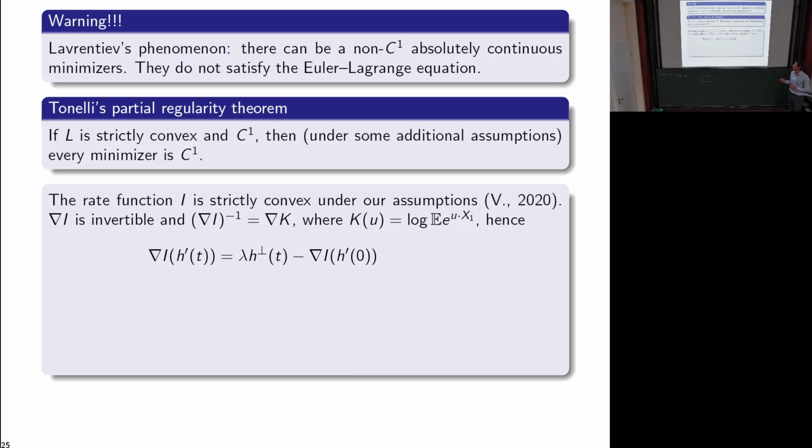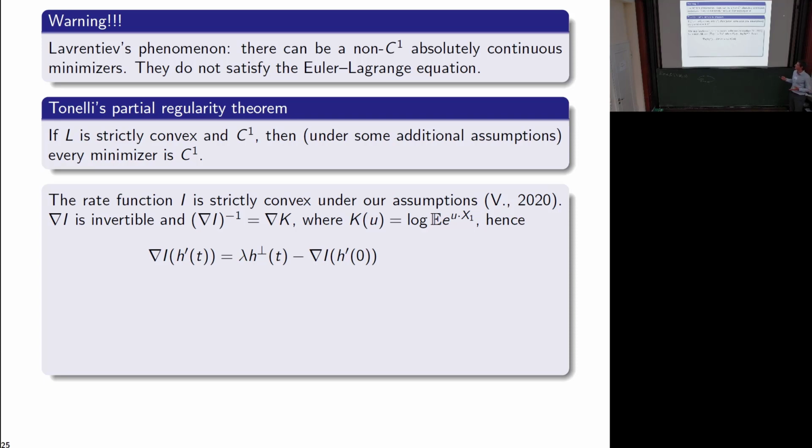This is because, you remember, the rate function is the Legendre transform of the log Laplace transform. This says that the inverse of the gradient of the rate function is exactly the gradient of the log Laplace transform.